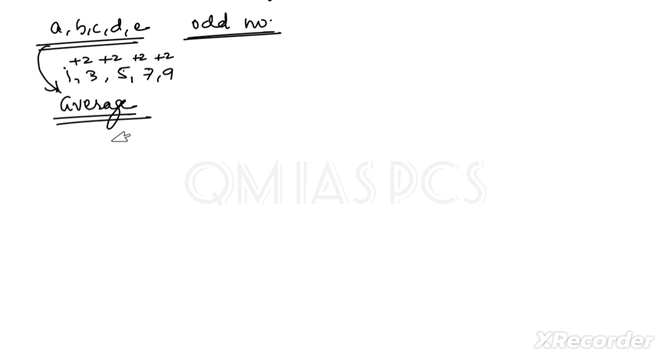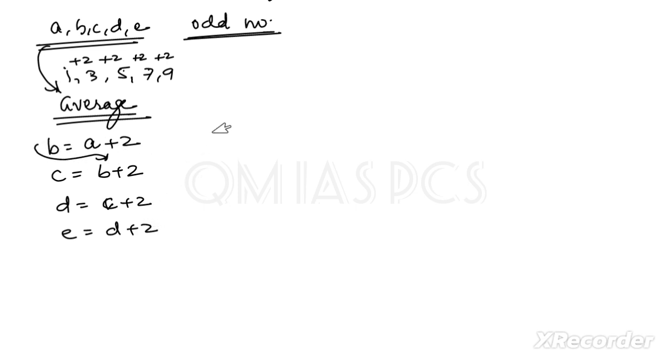So B is equal to A plus 2, C is equal to B plus 2, D is equal to C plus 2 and E is equal to D plus 2. Writing from this side, C will be A plus 2 plus 2, that means A plus 4.